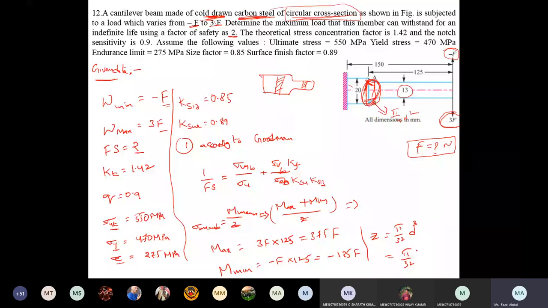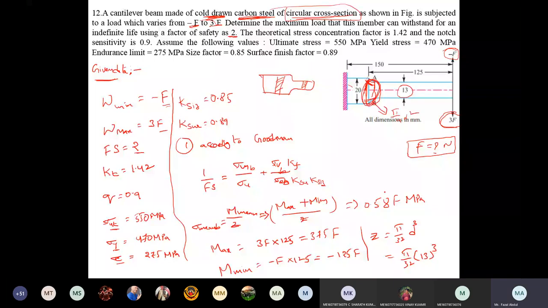How much did you get? 0.5F. Very good, sigma mean we got 0.58F megapascal.